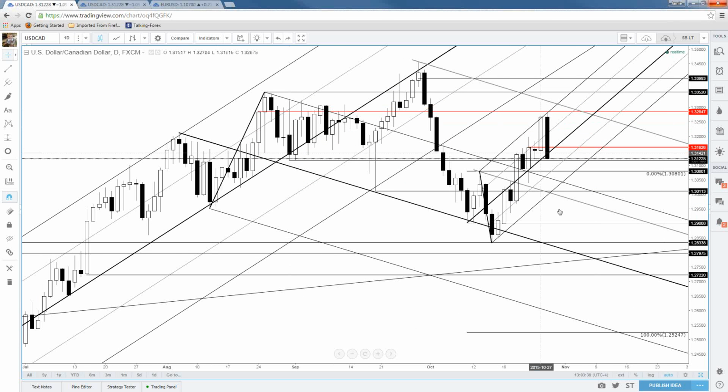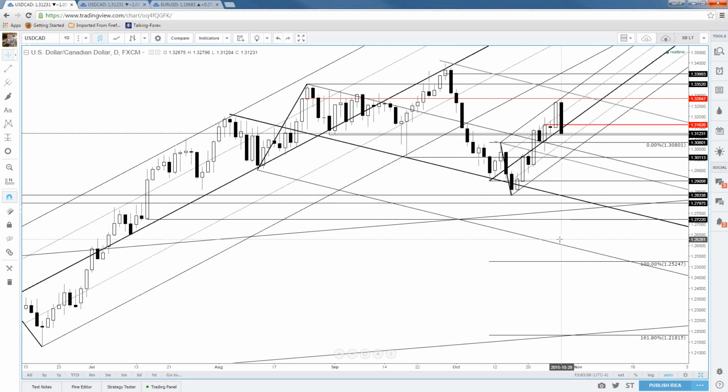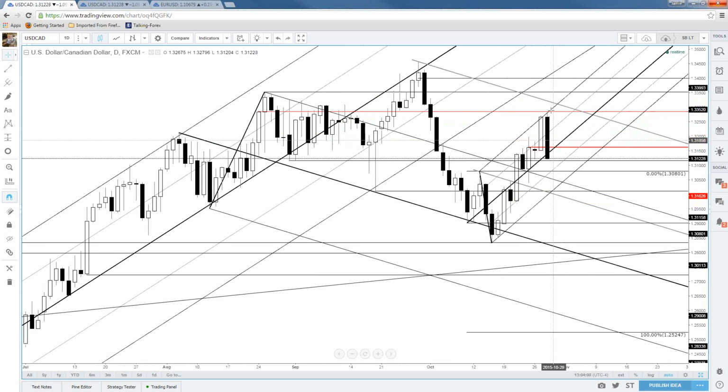So the fact that we got this huge move, it seemed very fade worthy. And I guess at this point, the trade's still in, just missed the stop by like 4 pips, but I'm not really thinking that's going to last. So I don't know, we'll see. Maybe you get lucky. All right, so there's dollar CAD. I still think the better resistance is 1.3300.